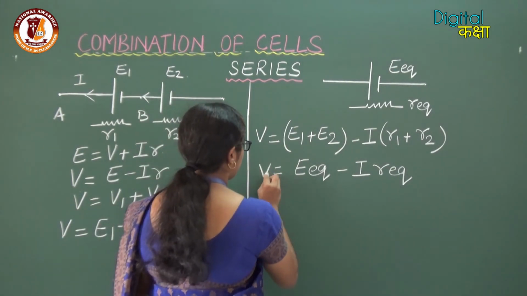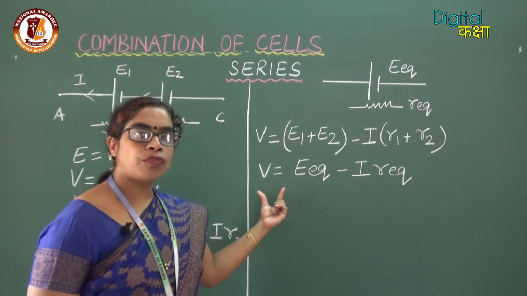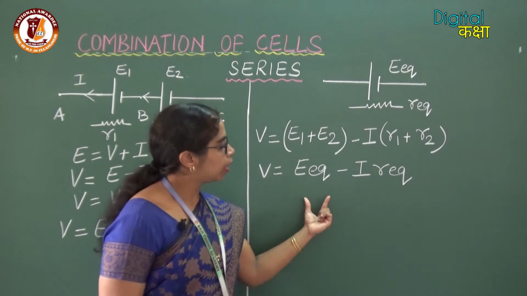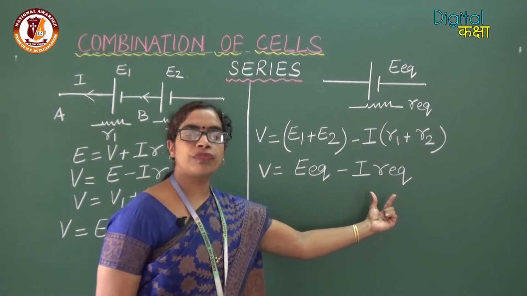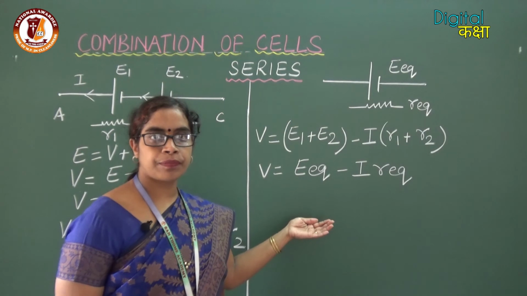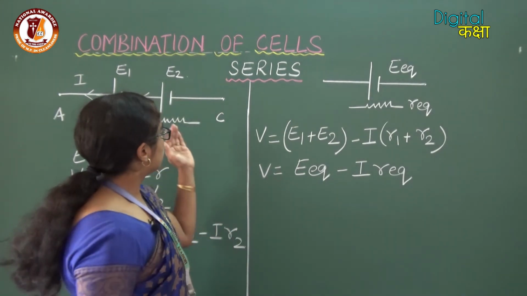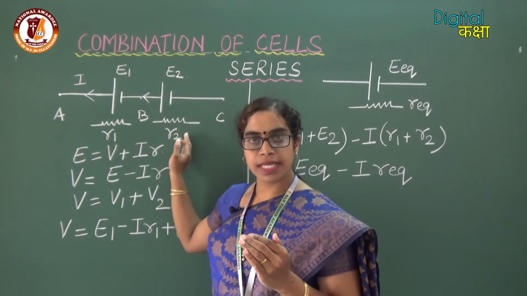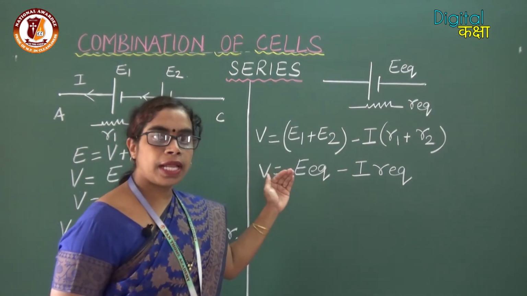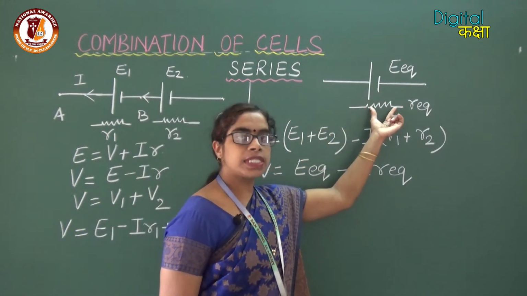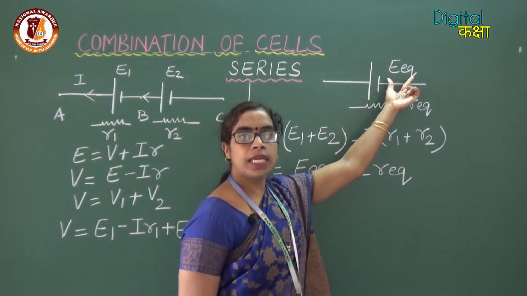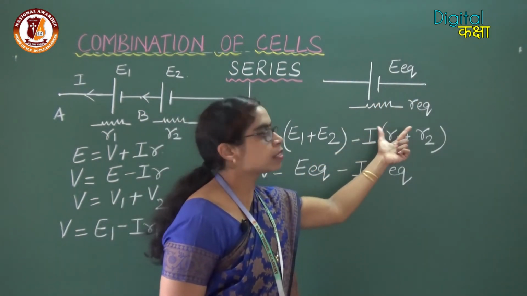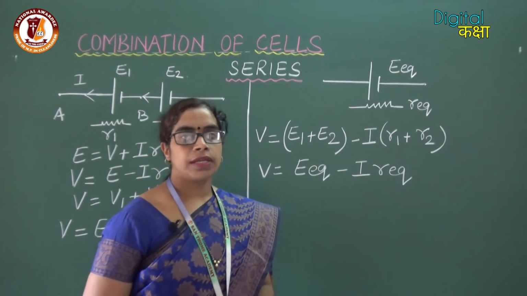This way, I am getting the relation for V in terms of the equivalent EMF and the equivalent value of the internal resistance. We can see here the equivalent circuit diagram for the series combination of the cells can be drawn with the help of one cell, which is representing the equivalent EMF E equivalent and the equivalent internal resistance R eq.